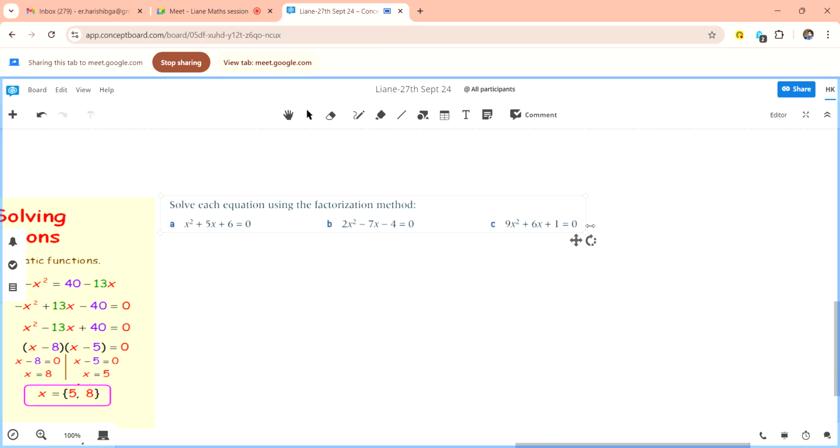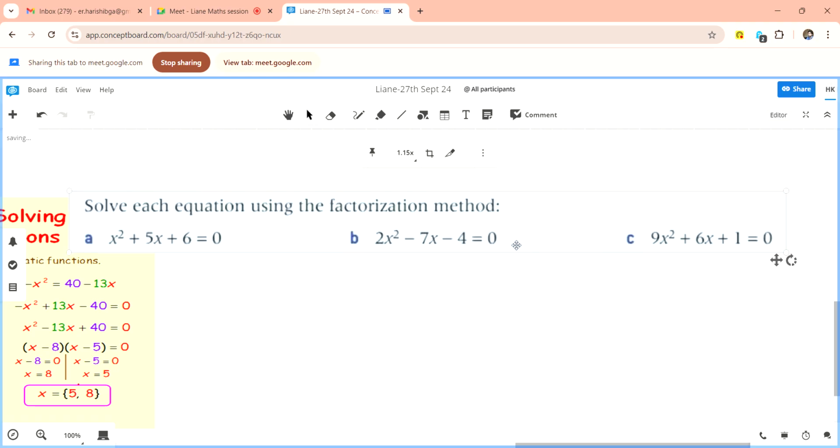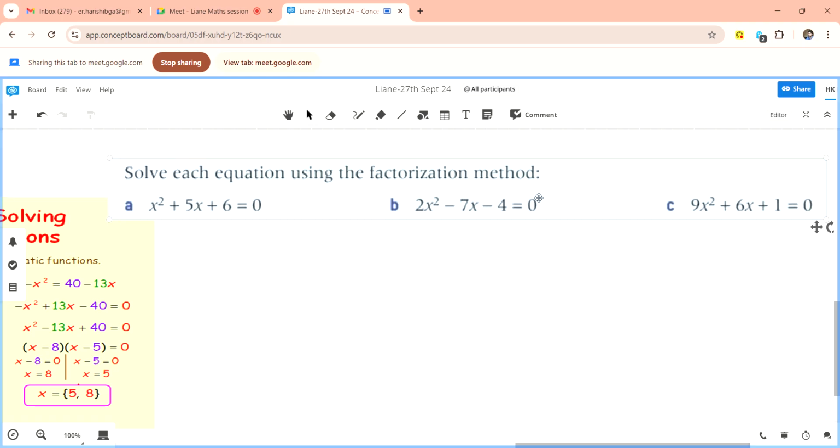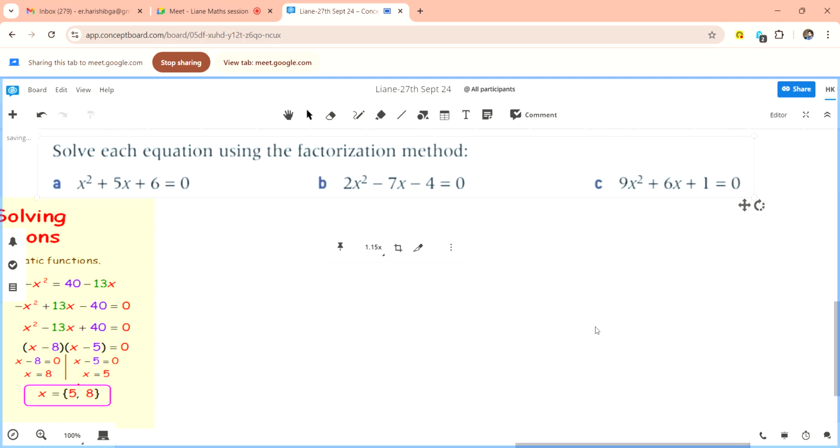Yes, I can see it, but can you zoom in? I couldn't quite see it. Okay. Solve each equation using the factorization method.